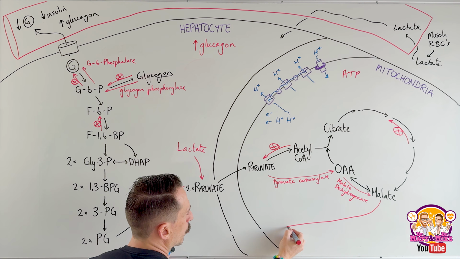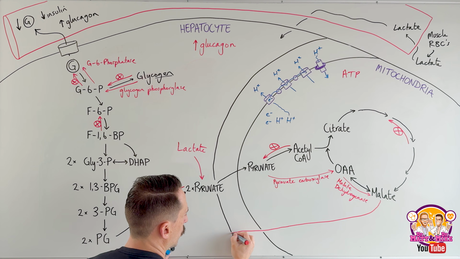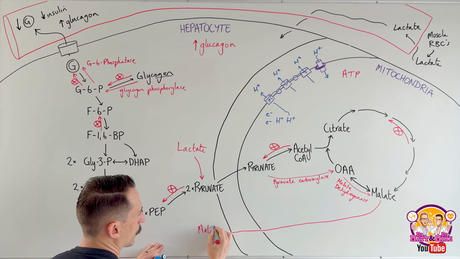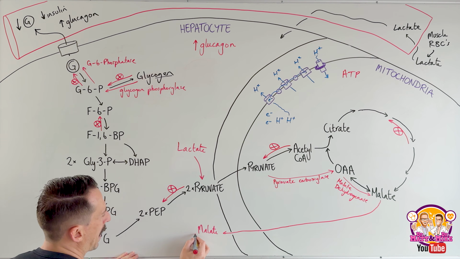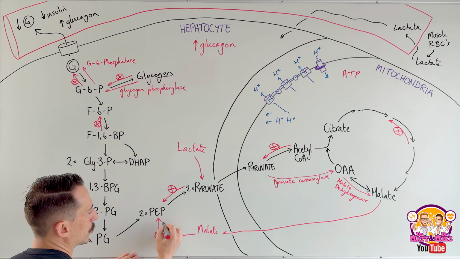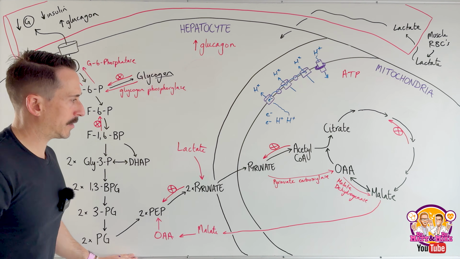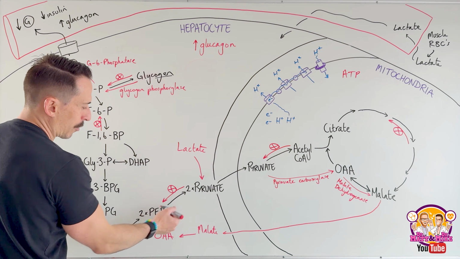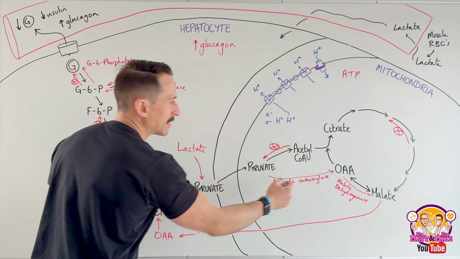We don't have transporters for oxaloacetate to leave, but we do for malate. So malate leaves the mitochondria, right? And then will turn back into oxaloacetate, and oxaloacetate will turn into phosphoenol pyruvate. Now, all of this happened just because pyruvate couldn't go back into phosphoenol pyruvate. This is the roundabout way.